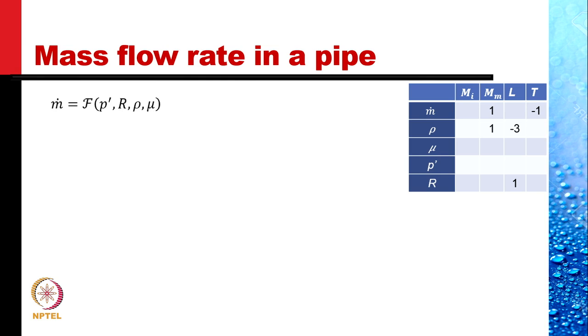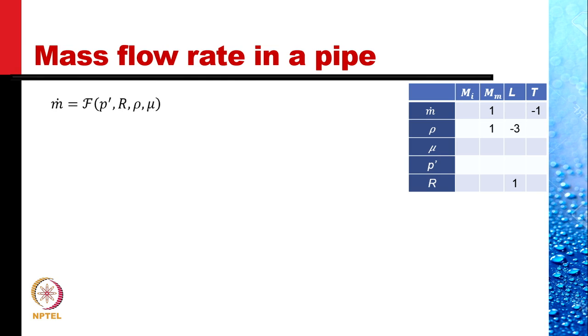Of these, the dimension of m dot, the mass flow rate, is easily written as mm raised to power 1 divided by t raised to power 1. So the dimensions are mm 1 and t minus 1. Mass flow rate, the quantity of matter flowing.